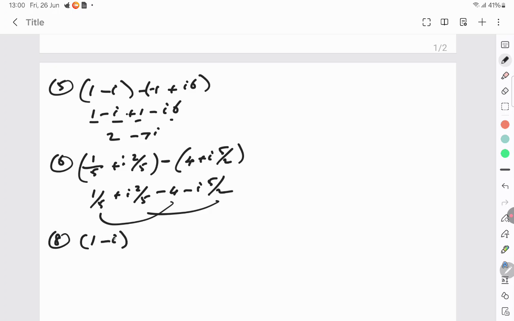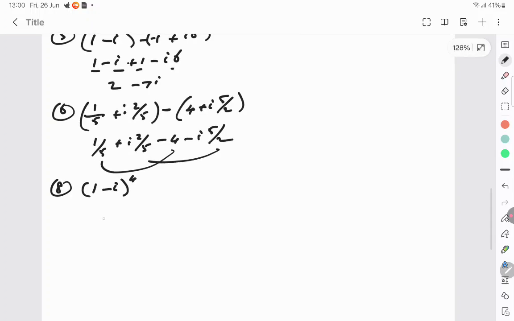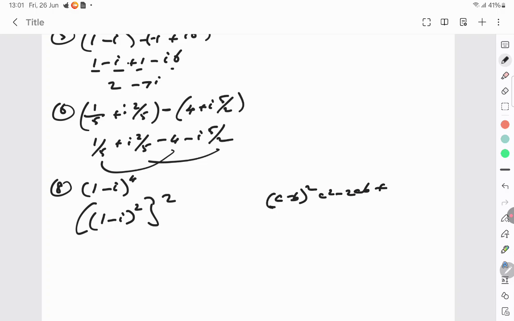1 minus i the whole to the power 4. You can write it as 1 minus i the whole square, the whole square. a minus b the whole square is a square minus 2ab plus b square. So a square minus 2ab plus b square, where i square itself is minus 1.